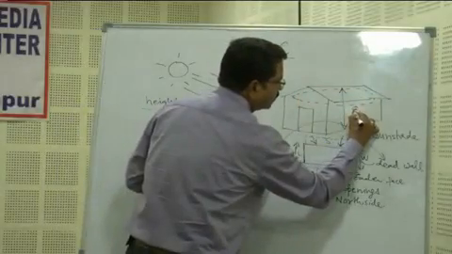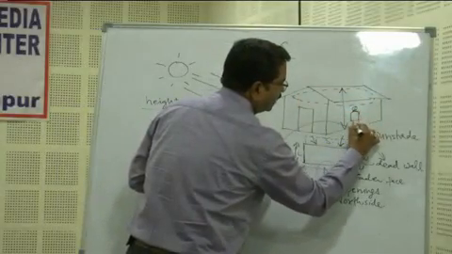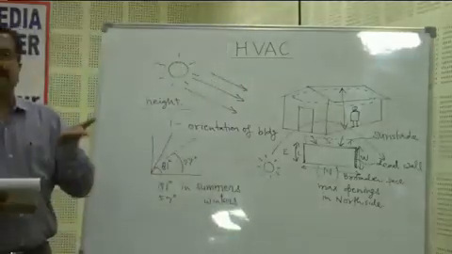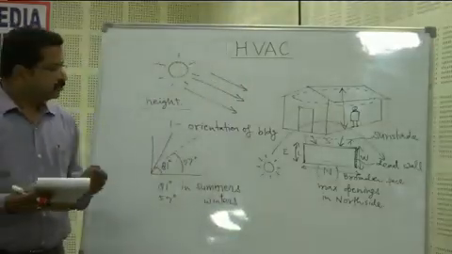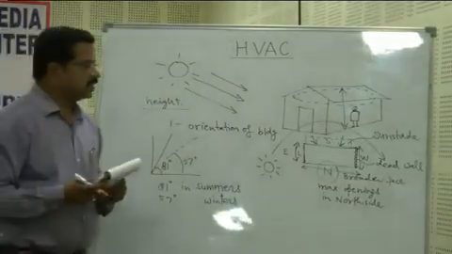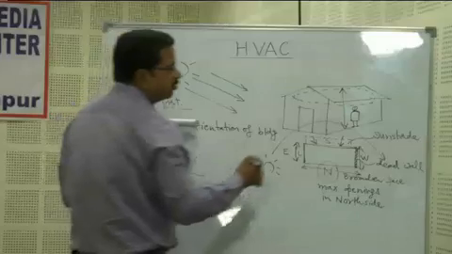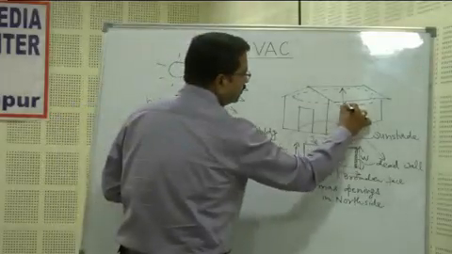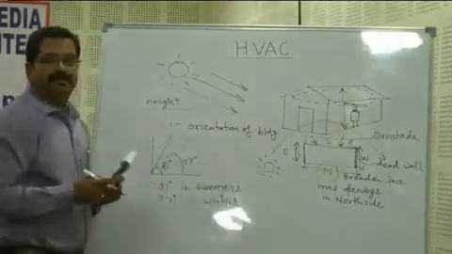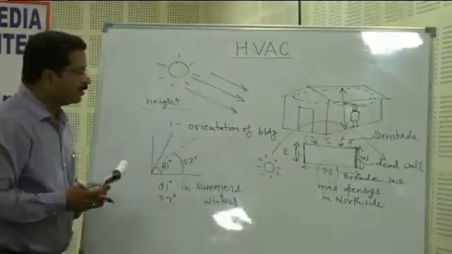It means if the man height is like this, the hot air will collect above the man height. So they'll not feel much heat inside the building. So by designing our building with little higher ceiling height, we can have better interior environment.